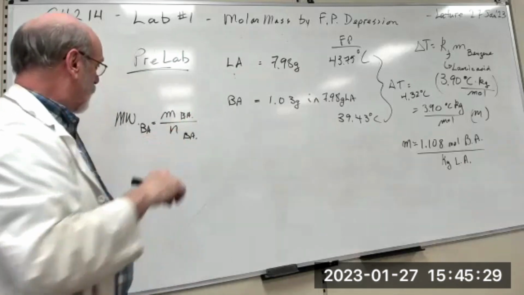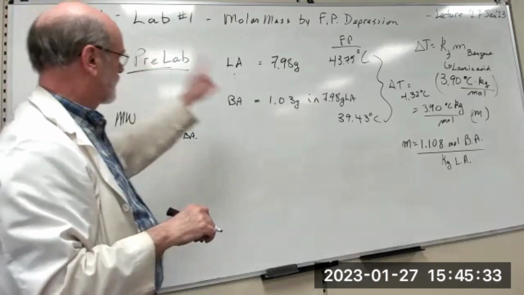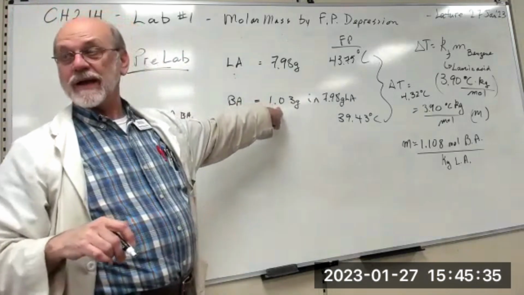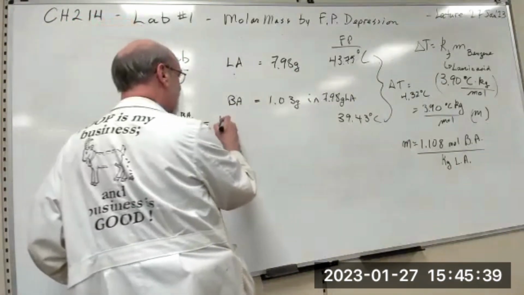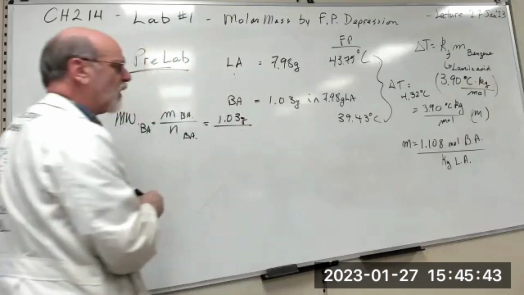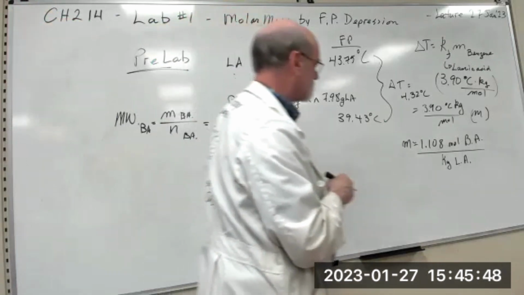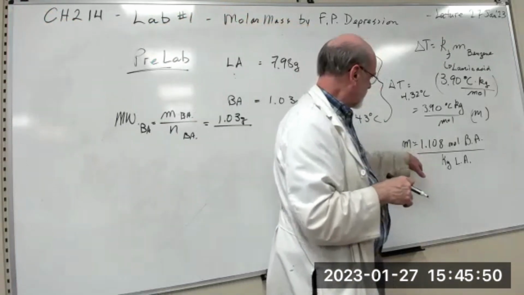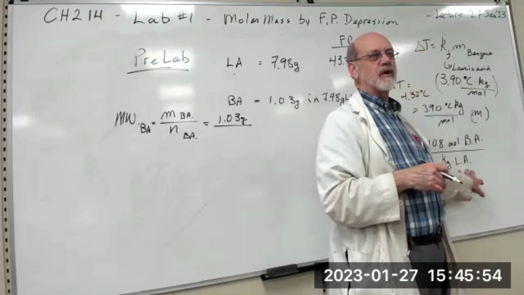Okay. What's the mass of benzoic acid? 1.03 grams, correct? So we got the mass, grams of benzoic acid. What we need is the moles. So how do we get moles? Well, molality is this many moles of benzoic acid per kilogram of lauric acid.